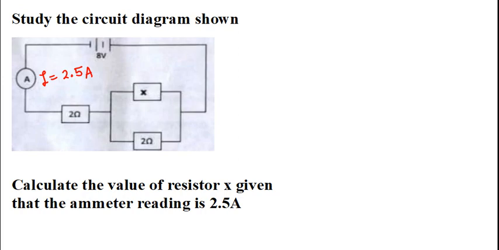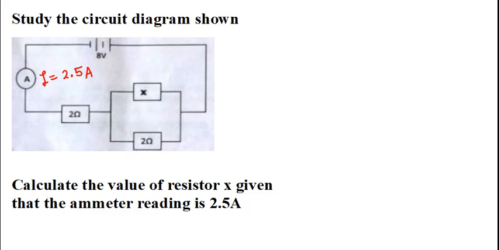The way in which this 2.5 amps was obtained was affected by the value of the resistance that you have here. If you observe, we have three resistors. The total resistance from these three resistors had an effect on this 2.5.